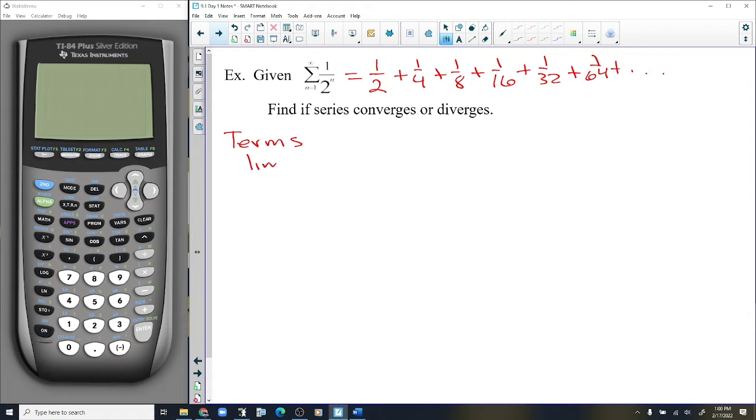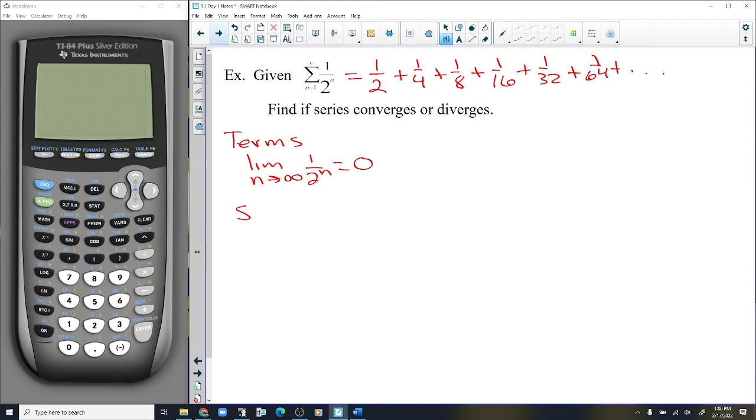The limit as n approaches infinity of 1 over 2^n is equal to 0 because the denominator is winning the race to infinity. We need that to happen in order for the series to converge. That must happen. There's no negotiating that at all.